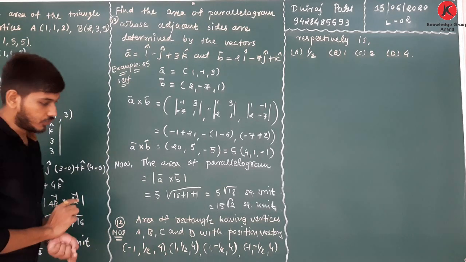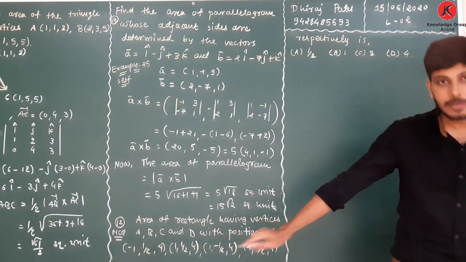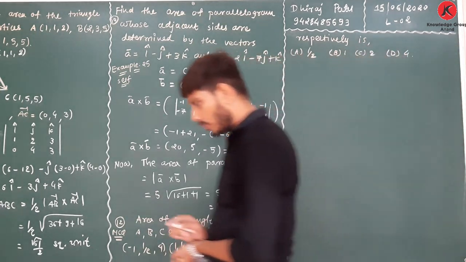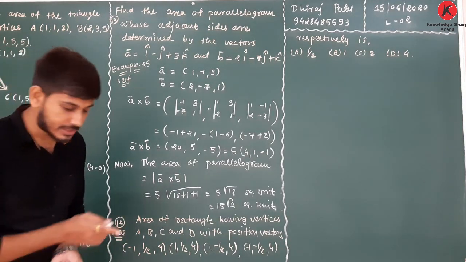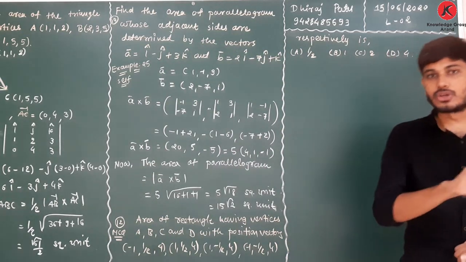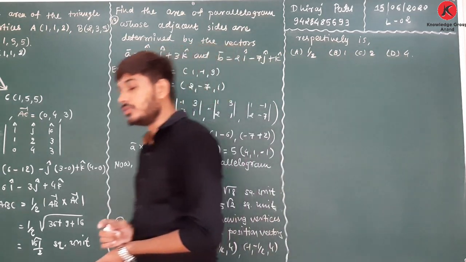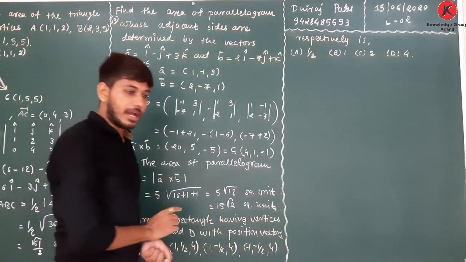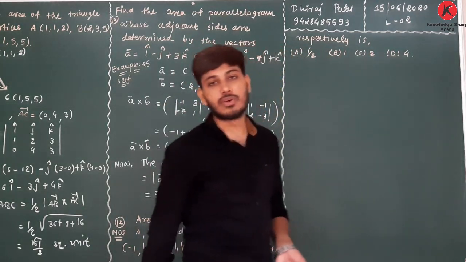First of all, we know that the area of a parallelogram, here a rectangle, equals half of the cross product of the diagonals. If we use diagonals we need to take half, and if we use adjacent vectors there is no need for half. So the area of the rectangle is given by the magnitude of the cross product of adjacent vectors.